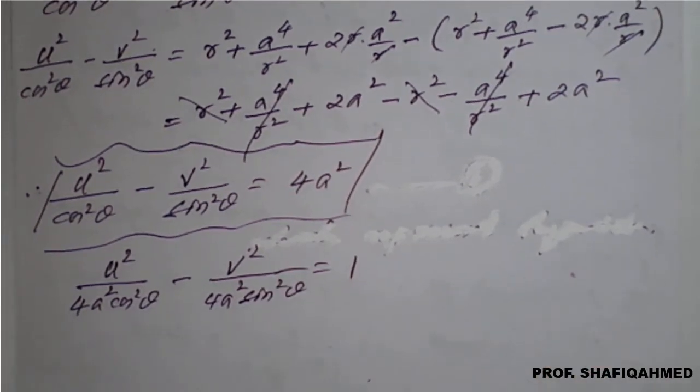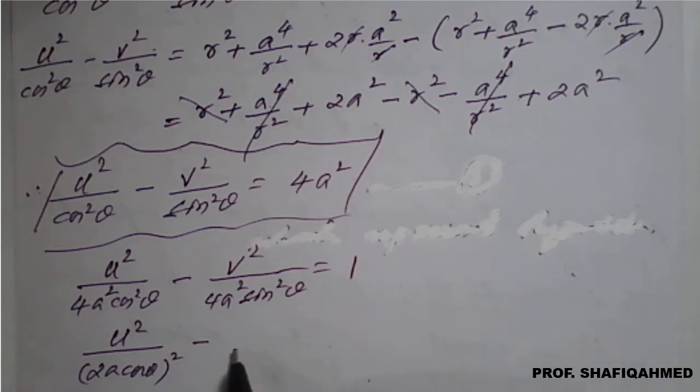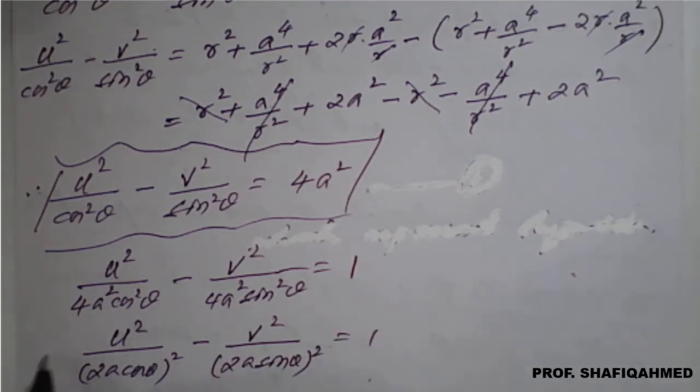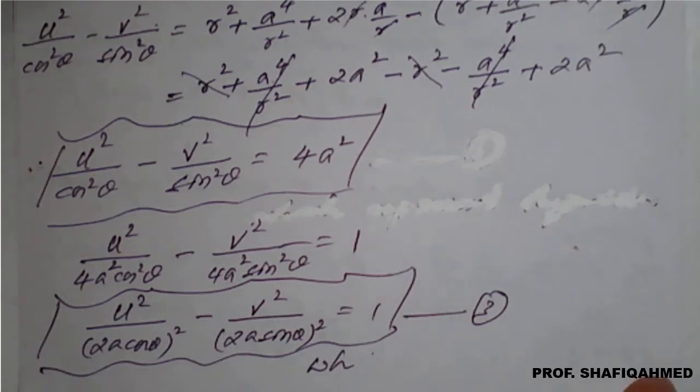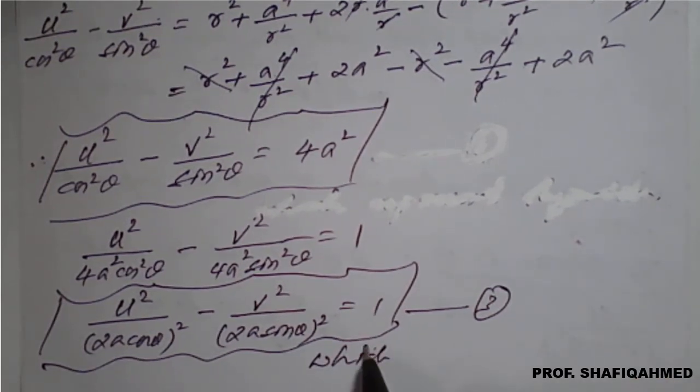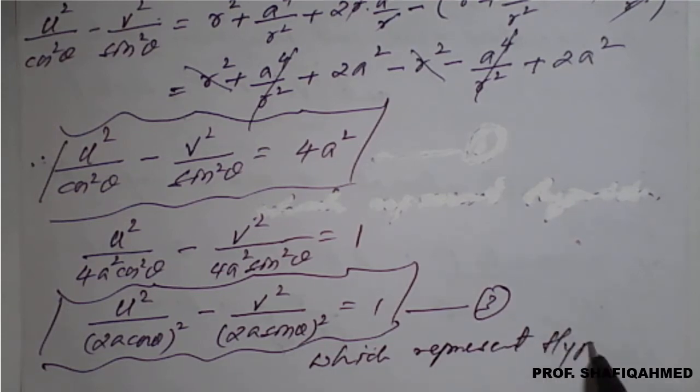Or we can rewrite this one as u square divided by (2a cos theta) whole square minus v square divided by (2a sin theta) whole square equal to 1. So this expression is nothing but 3, and it represents a hyperbola.